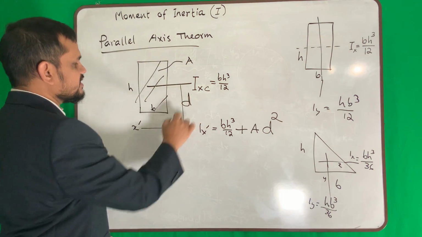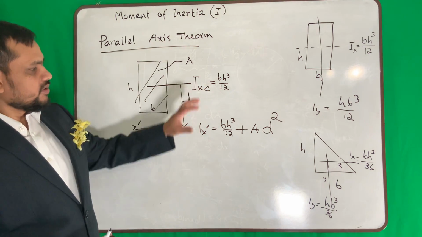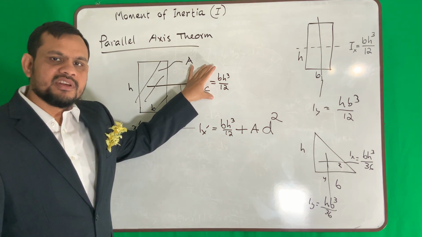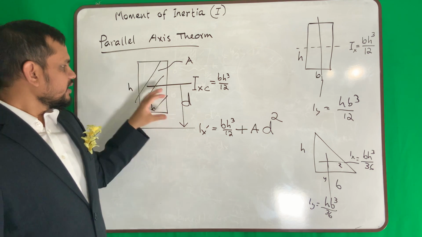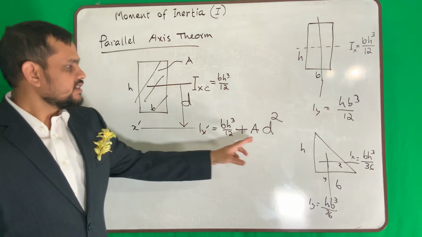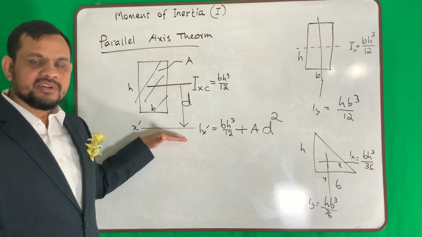Whatever my initial moment of inertia about the centroid was, I need to add the area and the distance squared. If I do that, I get my moment of inertia about this axis.